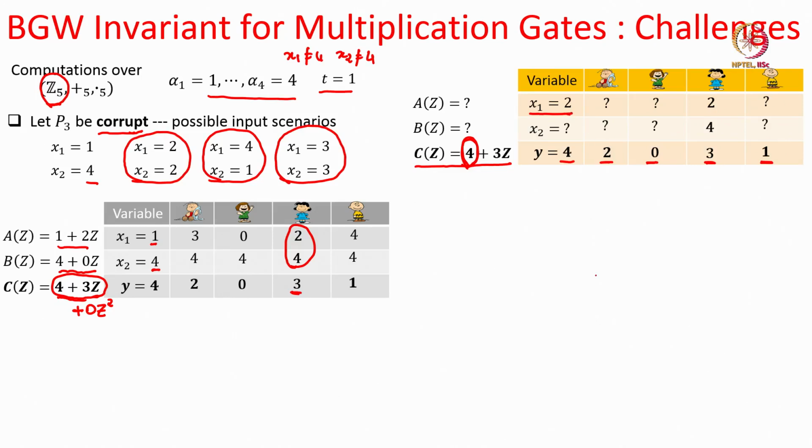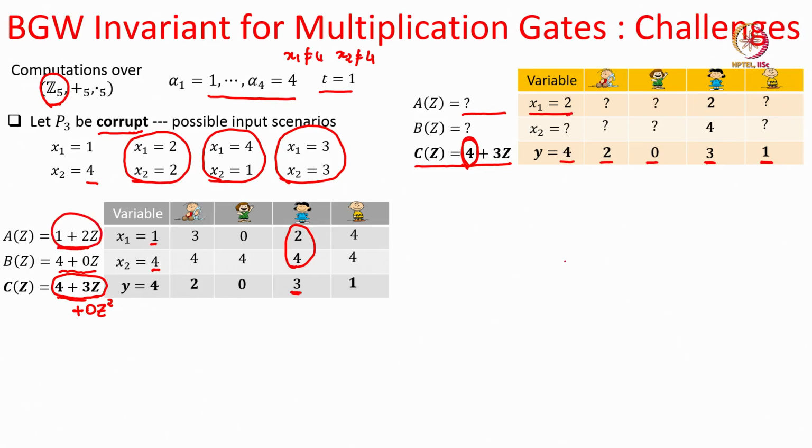Now, in order that P1's input is 2 and the share which the third party has received corresponding to that input is 2, it must be the case that party 1 has secret shared its input using the summation sharing polynomial 2 plus 0z. That was not actually the case. Actually, P1 has secret shared the input 1 using the sharing polynomial 1 plus 2z.